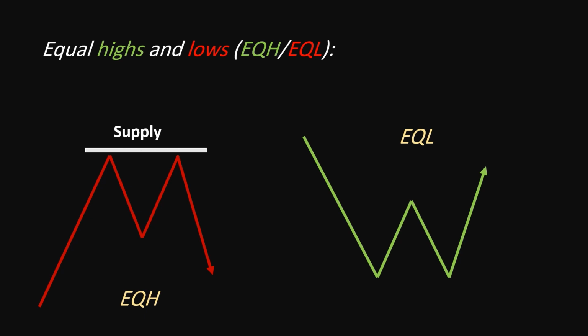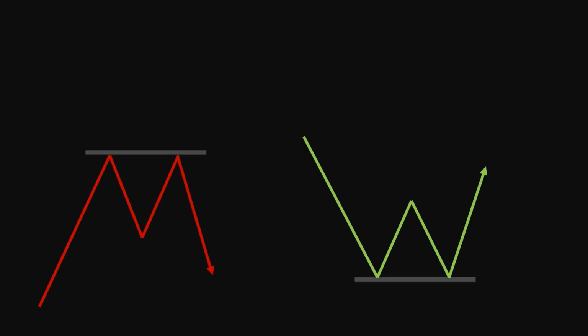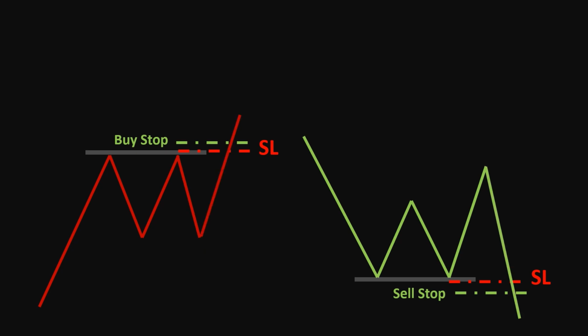These levels are key indicators of market liquidity, serving as identifiable points of supply and demand. When we identify equal highs, we see supply. Conversely, equal lows indicate demand. Retail traders often place stop-loss orders just above these equal highs or below equal lows, anticipating potential reversals, which means we'll have an additional layer of liquidity here in the form of buy stops or sell stops for breakout traders who expect to buy or sell when the market breaks out.